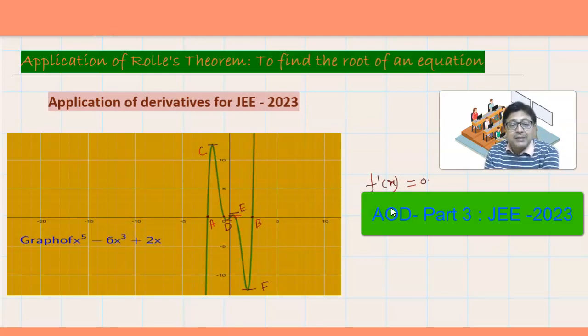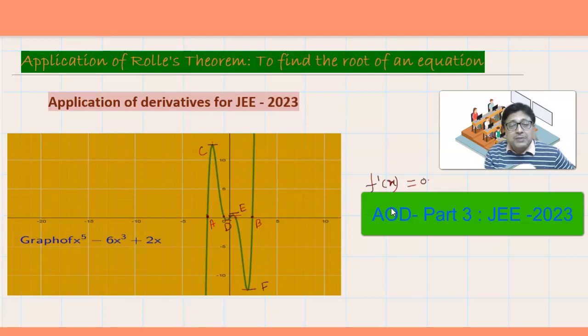Now can't I say that if Rolle's theorem is valid between 2 points A and B, then this equation f dash x equal to 0, where the function is fx and its derivative is f dash x, is satisfied at these 4 points C, D, E and F. It means the derivative has 4 roots between the 2 points A and B.